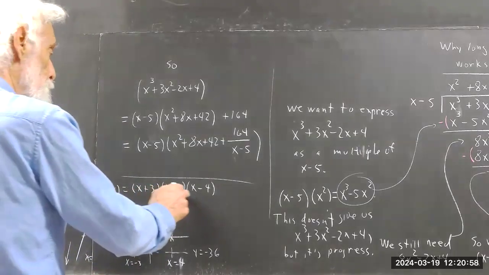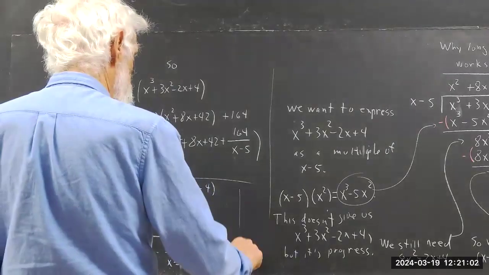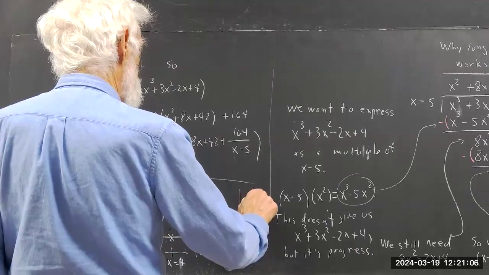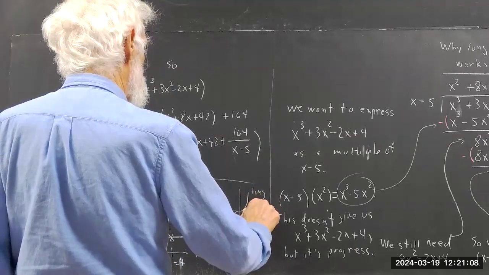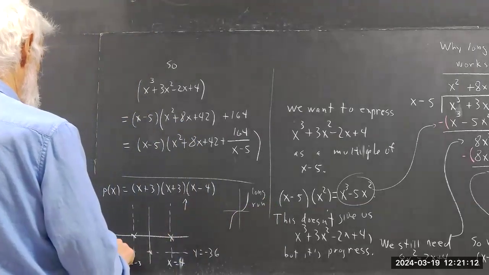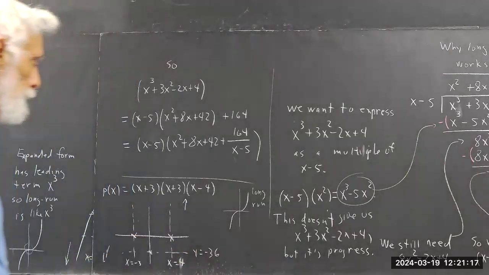This has degree 3, so the long run is still like this. So the long run is going to go up here and down here. Well, how are you going to draw that graph?